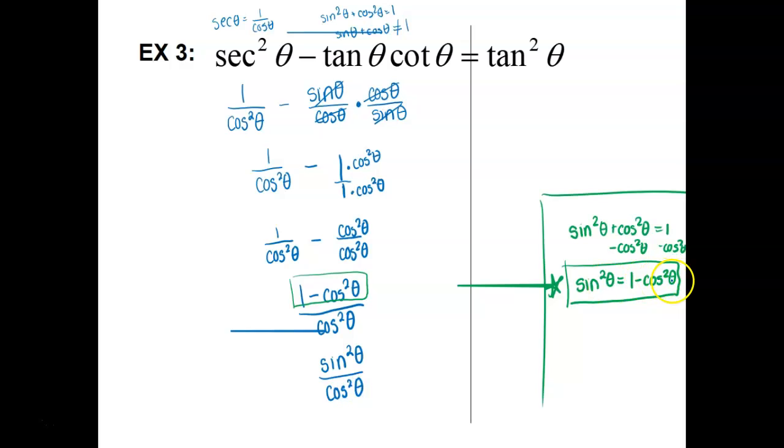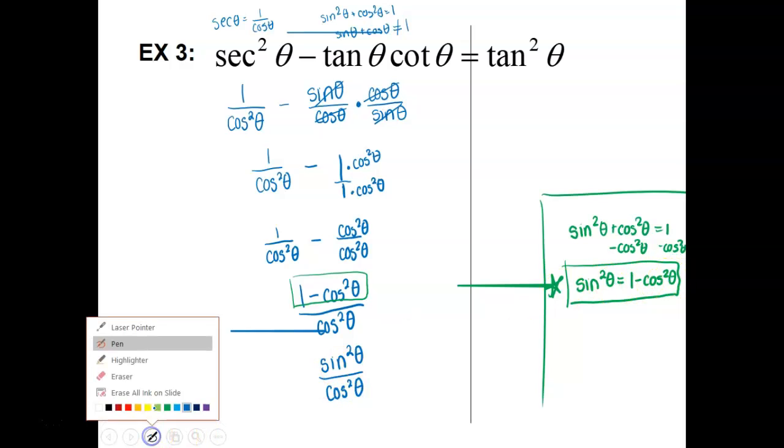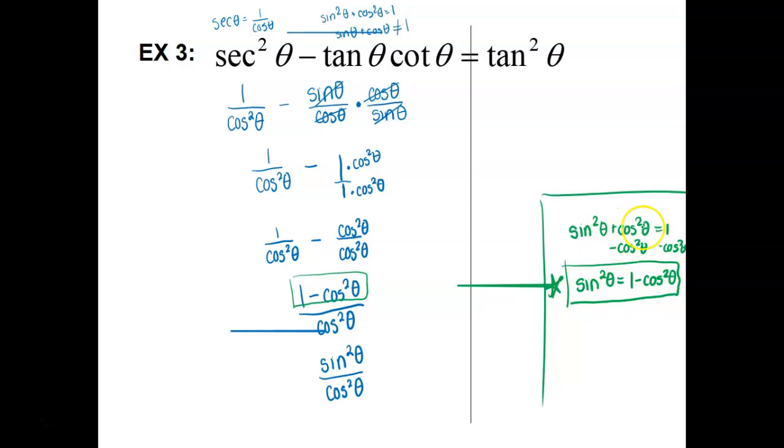Okay, so even though this is not a separate identity, it's just sort of a rearrangement of the Pythagorean identity, we want to know anytime we see 1 minus cosine squared theta what it equals.